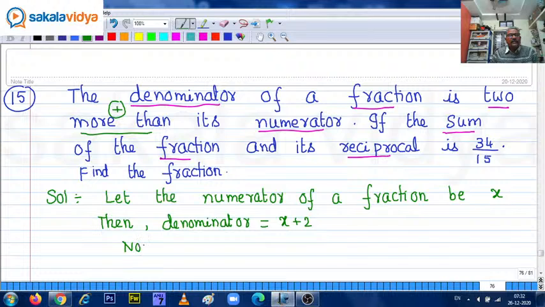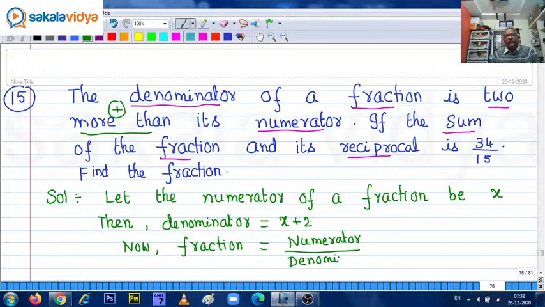So now the fraction becomes numerator by denominator. The numerator is equal to x, the denominator is x plus 2.